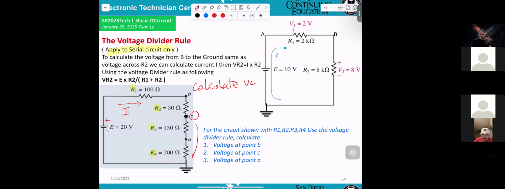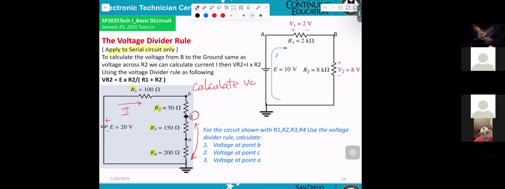That is VC. How can we do it? From C to the ground, how many resistors? 2: 150 and 200.